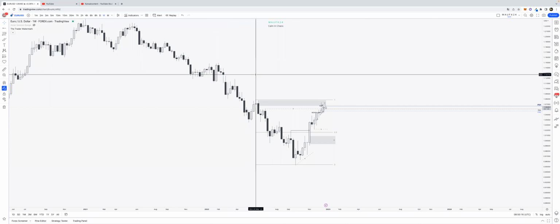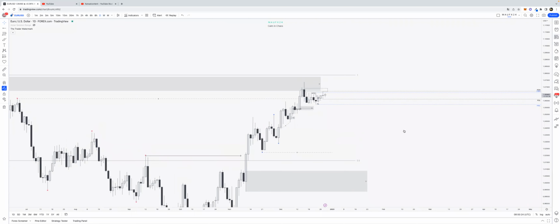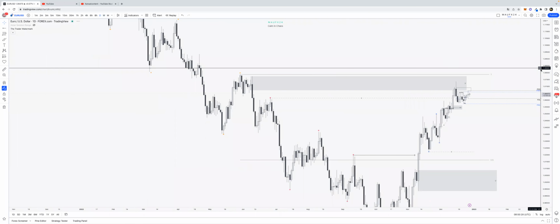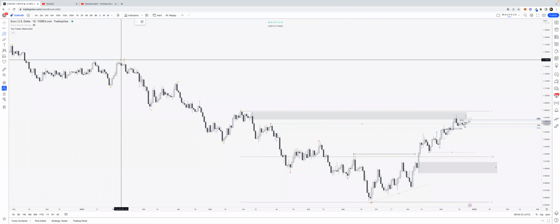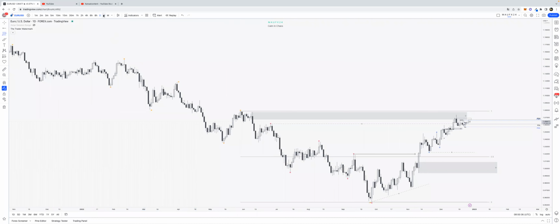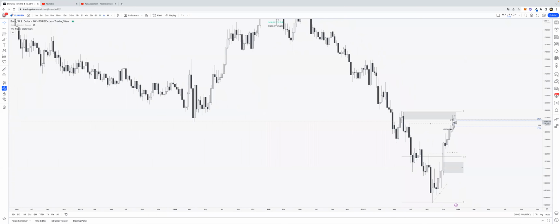So the difference between a structure high and a swing high is, as you can see over here, this is our structure and it reaches 50% every time. So therefore it's a structure high, but a swing high can be a structure high as well, but it doesn't need to be.